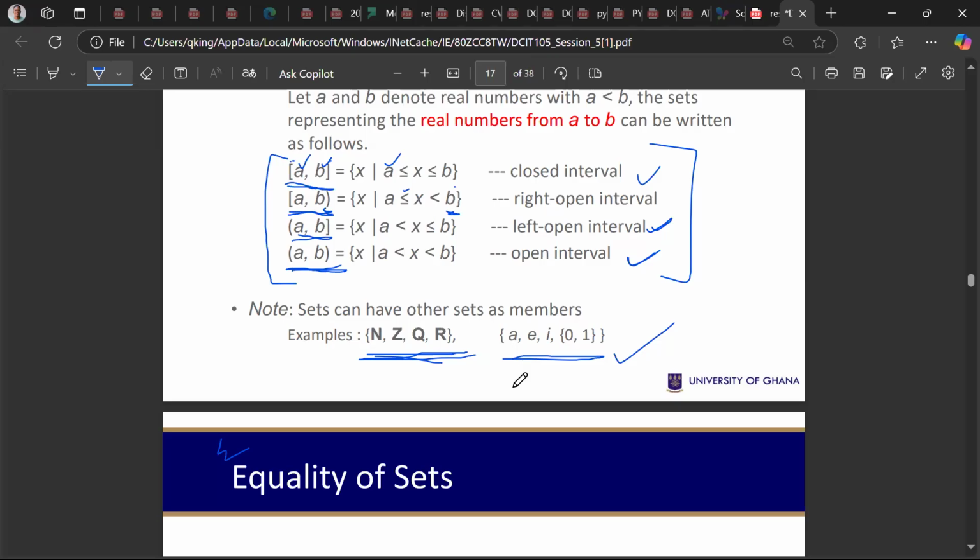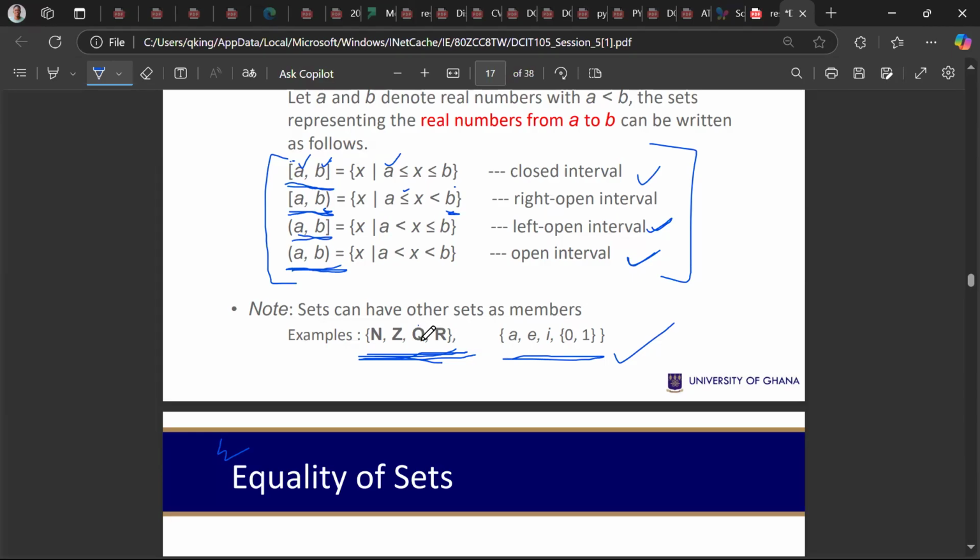Yes, so continuing. With the very first example, which is N, Z, Q, and R, this is a set that contains a set of natural numbers, a set of integers, a set of rational numbers, and a set of real numbers.